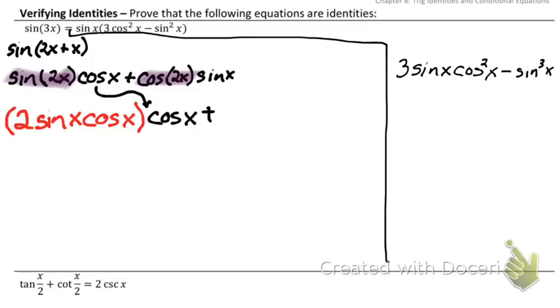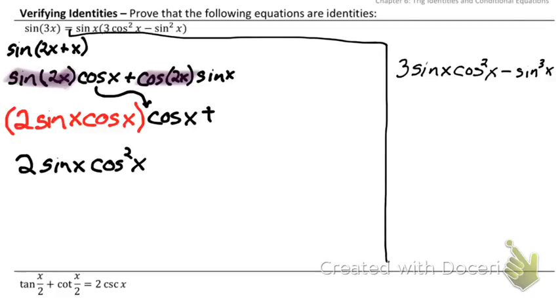I'm just distributing the sine x just to simplify it a little bit. And then I'm going to take a second and look at this first section I did. In fact, I'm going to complete that first section. I'm going to distribute this cosine to this equation. Remember, this is all multiplication, so it just gets put in there once. So that left-hand side, simplified, would be 2 times sine x cosine squared x.